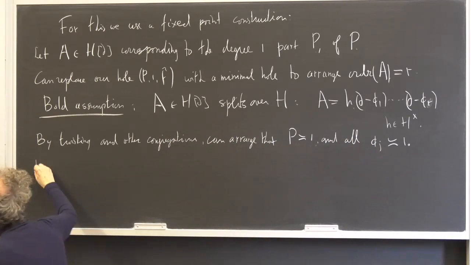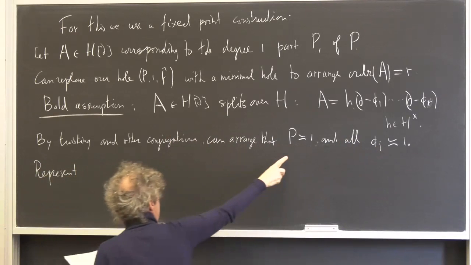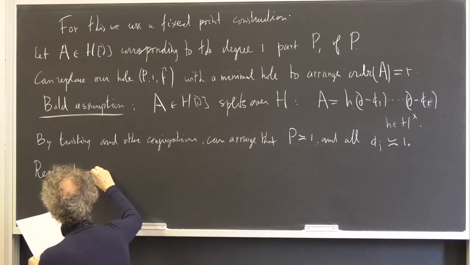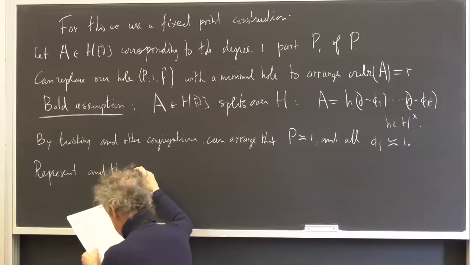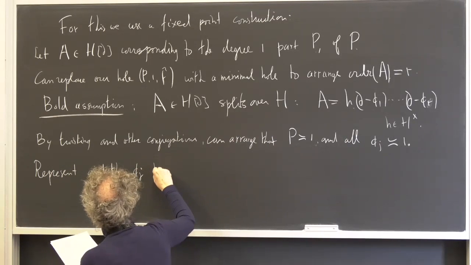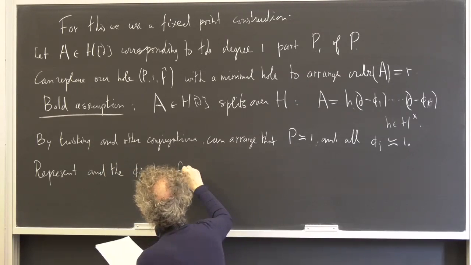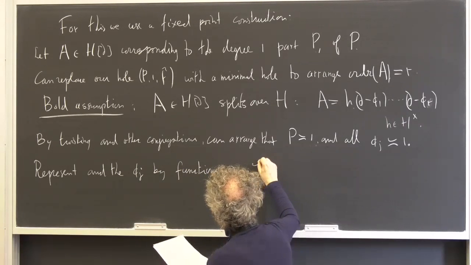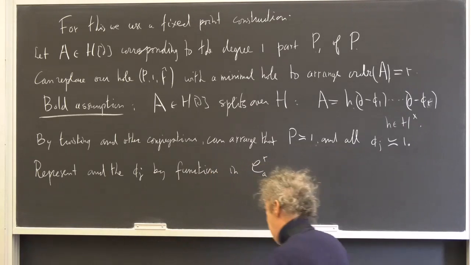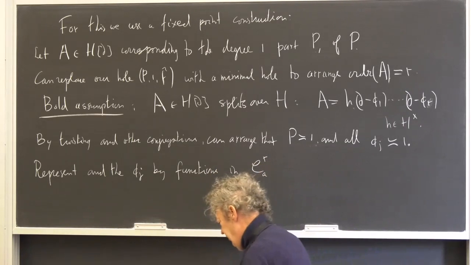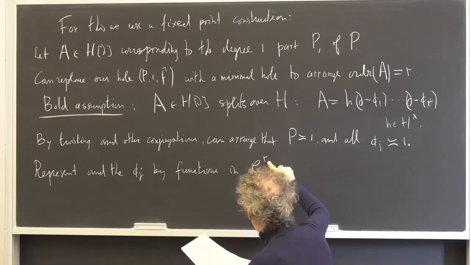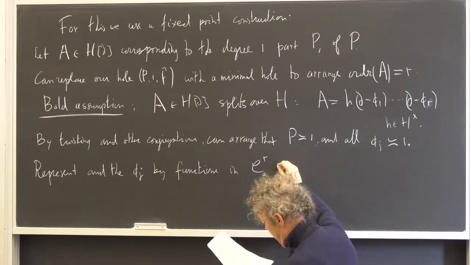So these are germs, the coefficients of p and the Vj's, but at this point we have to take representatives, and the Vj by functions which we can take to be n times continuously differentiable for any n we like, but R is enough here, R the order of P, right?